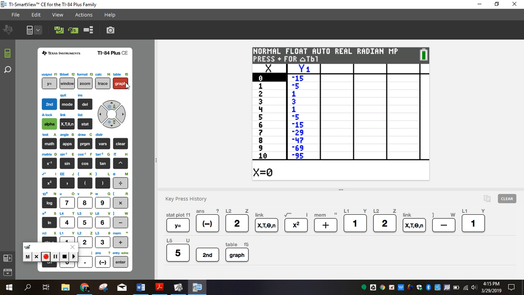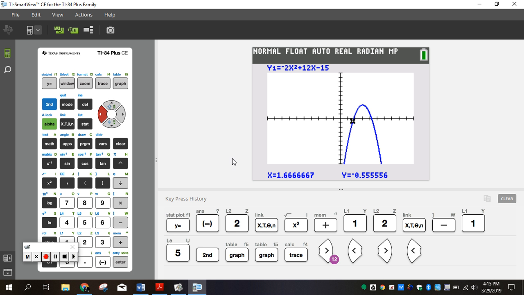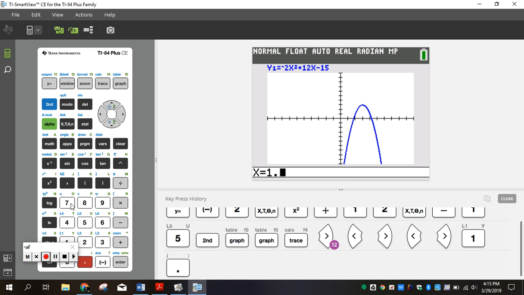So if I go to my graph and I press trace, I can move my cursor along the curve to get to approximately where that x-intercept is. And it looks like it's between 1.6 and 1.8. So maybe it's 1.7. So I'm going to type 1.7, press enter.